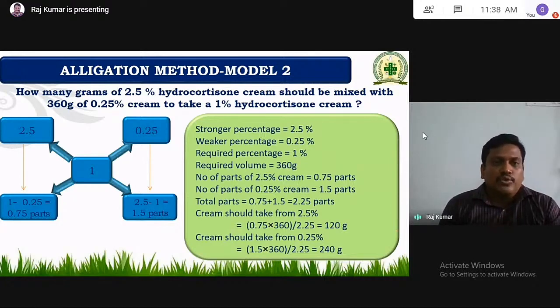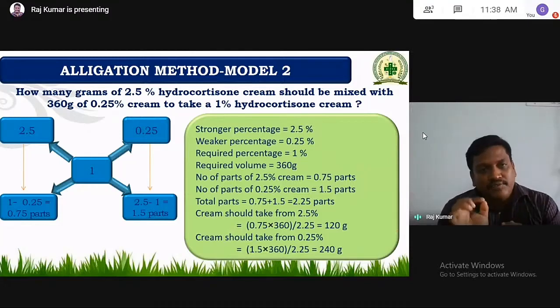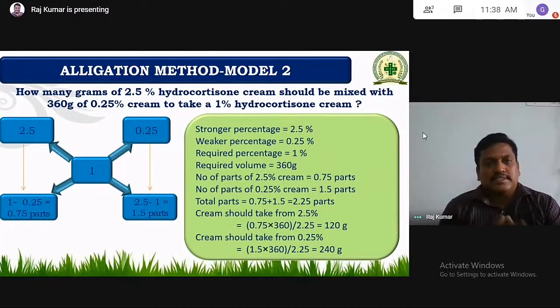Whenever you go to an interview, the must-be-asked question will be dilutions. And in GPAT also, you will get one bit from this alligation. So it is very important in interviews. If you are final year students, please be familiar with the calculations of percentage and the alligation method.